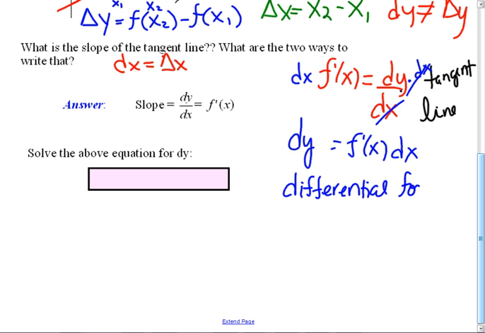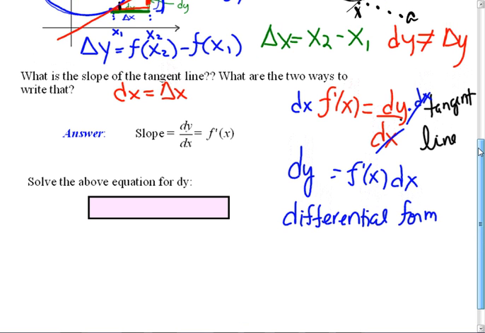So it's now thinking of dy and dx as separate little numbers, actual changes in values. This is the derivative form. And you'll get it. It'll just kind of happen. And we have to have this differential form second semester to do what we're going to do. Lots of geometry second semester. So I'll get rid of this little box.